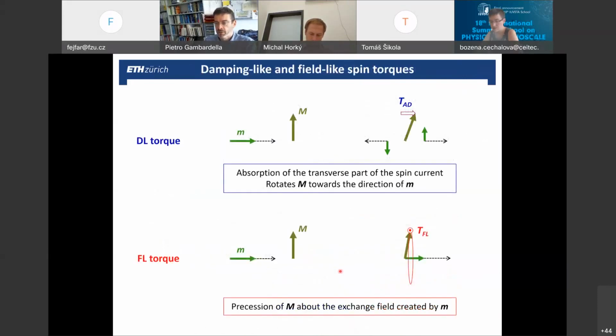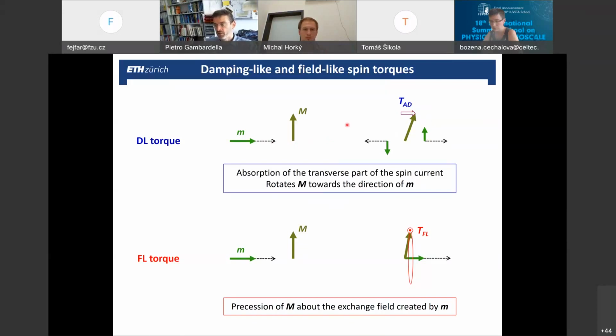Okay. Now, how can we understand the actions of these torques on the magnetization? So imagine you have non-equilibrium magnetization entering into a magnetic material with magnetization capital M here. Then this transverse part of the magnetization is absorbed due to the reflection of spin down electrons at the interface with the ferromagnet and transmission of spin up electrons inside the magnet that will be eventually scattered and absorbed.